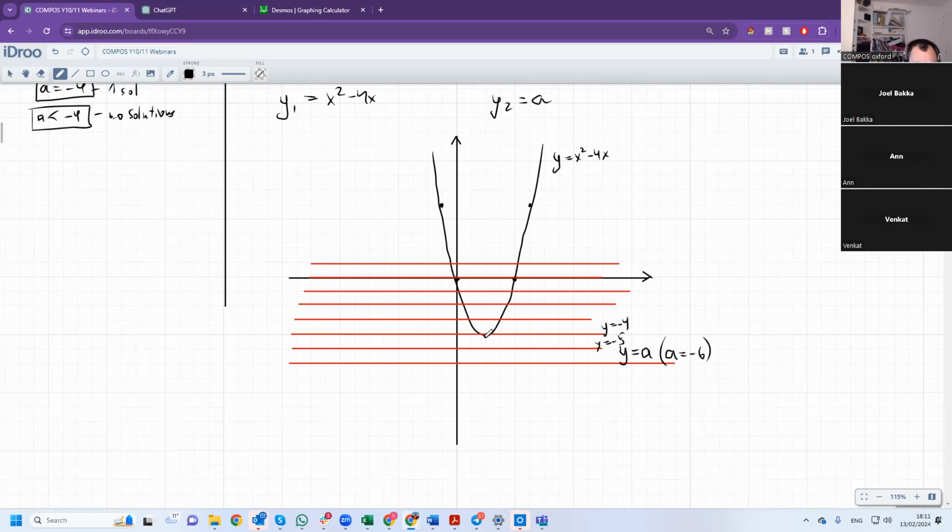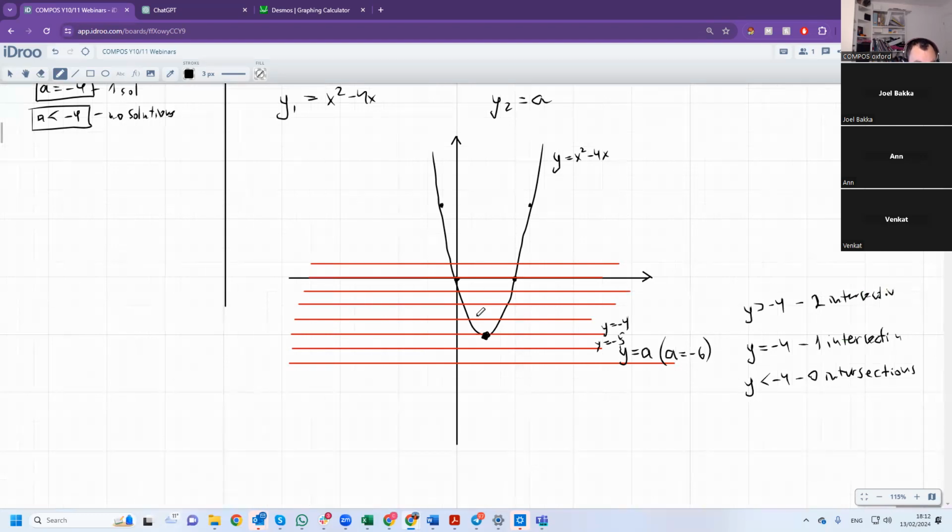You can see that for y equals minus 4, there's one point of intersection. If y is less than minus 4, there are 0 intersections, that means 0 solutions. And if y is greater than minus 4, it is 2 intersections.